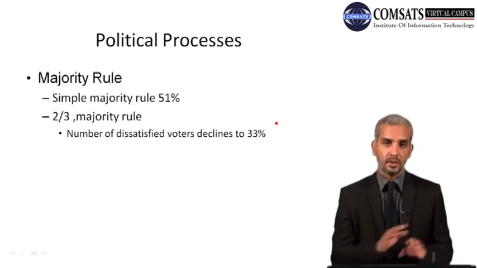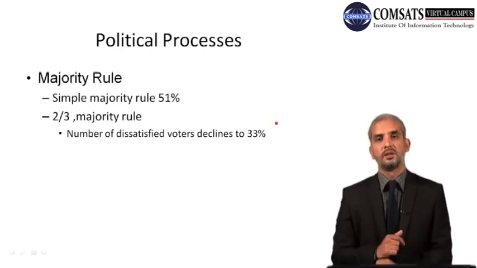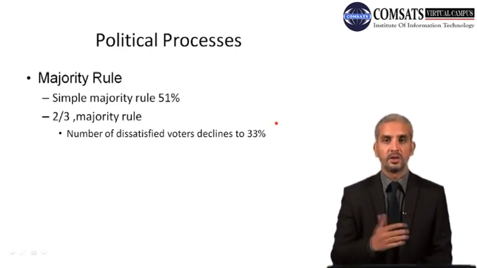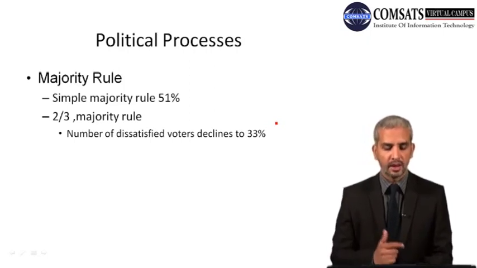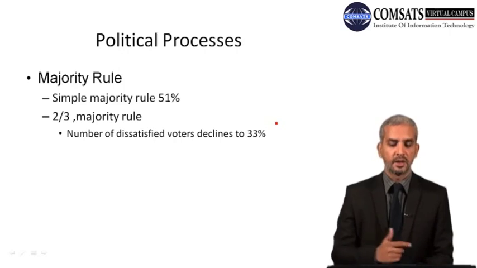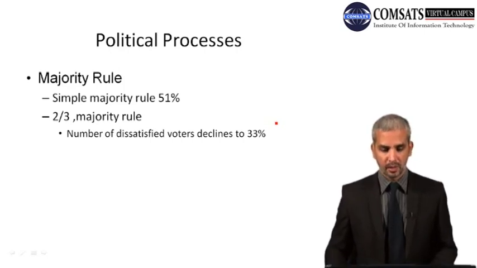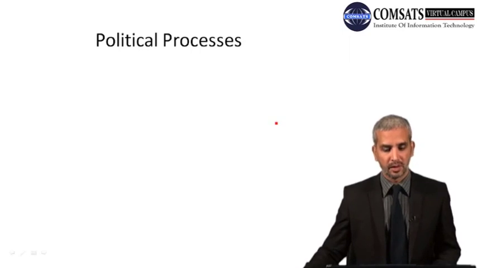But in that case, apart from the political externality generated across the board, 49% of the individuals would be dissatisfied. But then if you increase the majority, which we discussed earlier, for example to 2/3 of the individuals, the number of dissatisfied voters would decline to only 33%. There are costs and benefits of this political process, minority rule, majority rule, and following the political process to evaluate the outcomes.